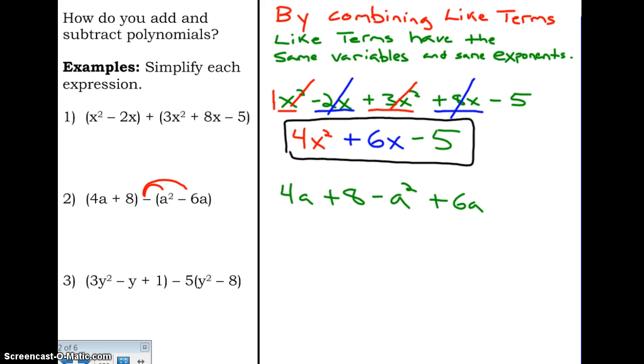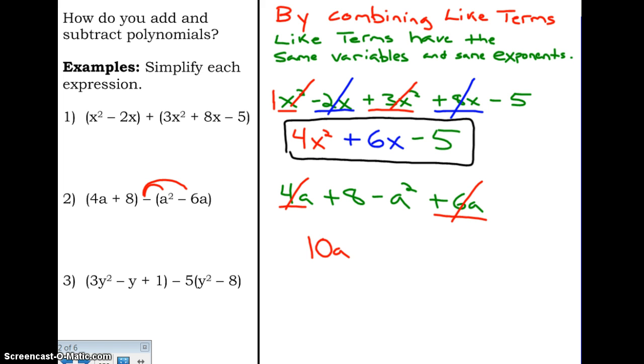So let's do what we did last time. You have 4a. Can we combine it with the 8? No. How about the -a squared? No. How about the 6a? Yes. So 4a plus 6a gives us 10a. We've used those, so you can cross those out if you like.